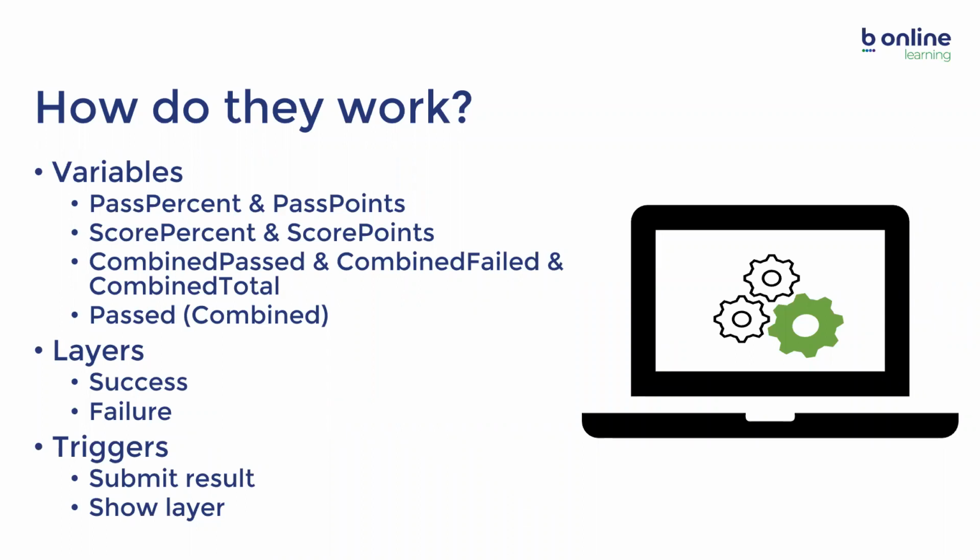And then finally, underneath all of that, Storyline also automatically adds triggers that, firstly, compare the variables to determine pass or fail, but then also show the appropriate layers based on whether or not the learner did actually pass or fail.